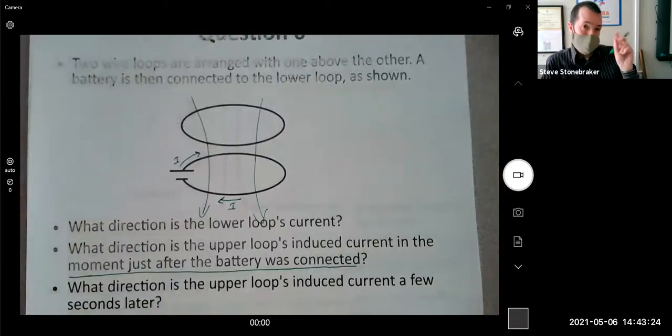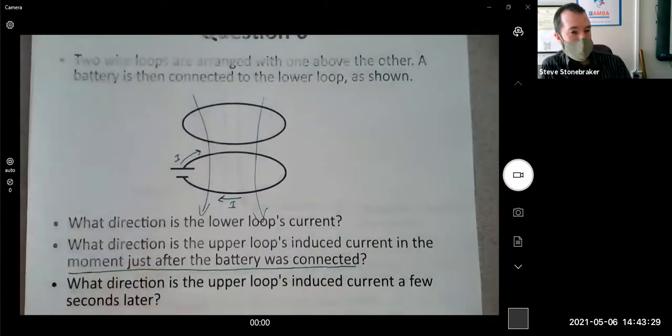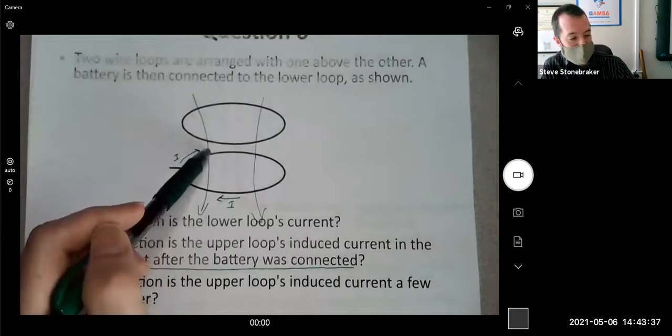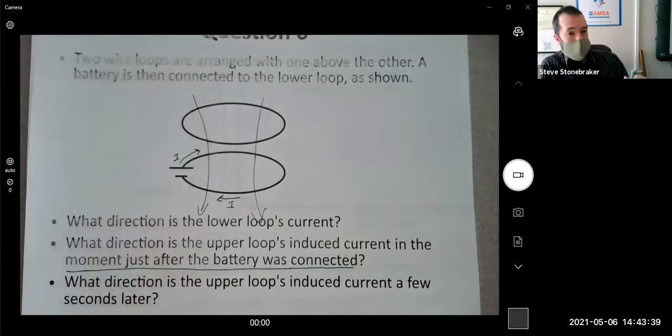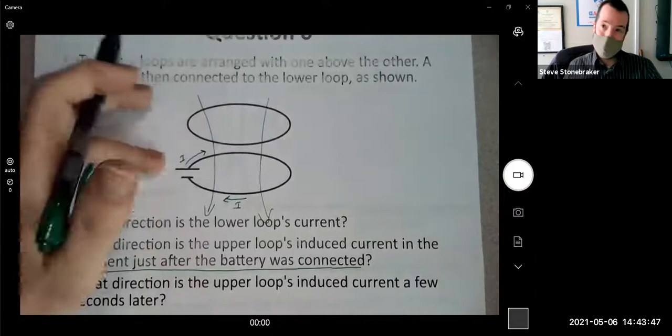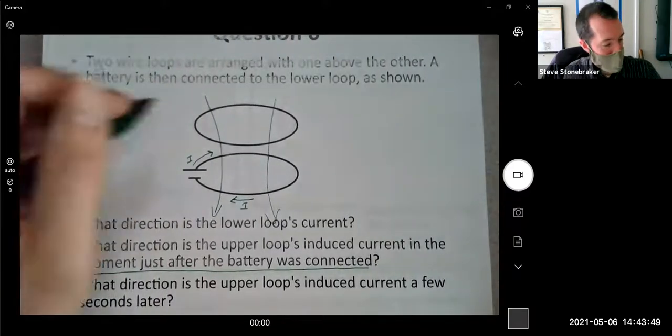And in the moment that I've just turned the system on, the flux in the top loop is changing from being nothing, because if there's no current, then there's no flux. It's changing from having no flux to this downward flux. So the induced current is going to try to make an upward flux. And to get an upward flux, the current would have to go the opposite direction from the one that made the downward flux.